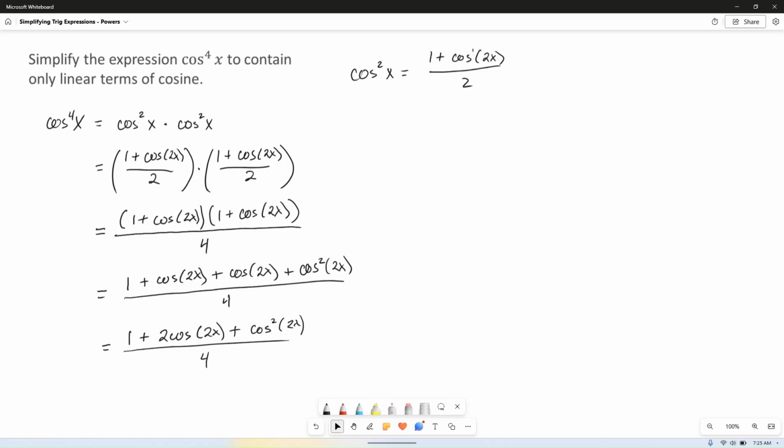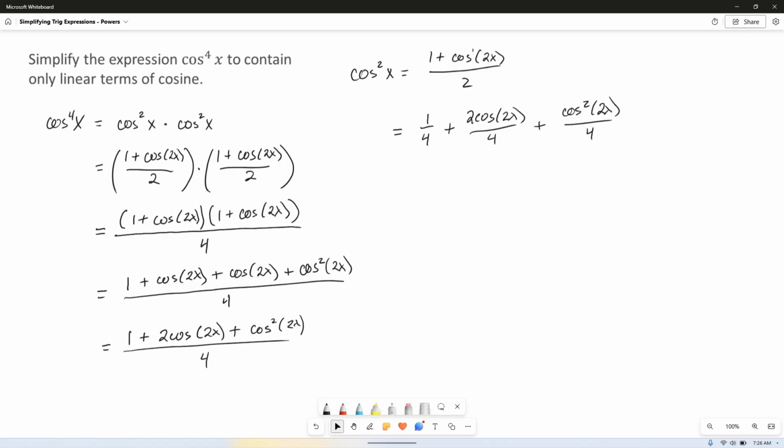Okay, so because all of this is written over 4, let me go ahead and break that fraction apart so that we can isolate the cosine squared term. So I'm going to take each term in the numerator and write it with a 4 in the denominator. So we're going to have a 1 over 4 plus a 2 cosine of 2x over 4 plus a cosine squared of 2x over 4.